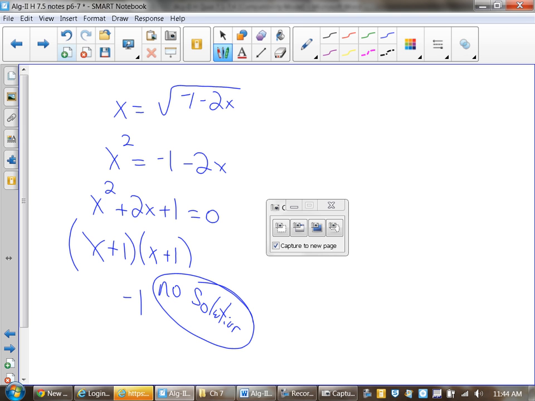Is that right? And on the test, for domain and range, you can just write d or r, like x is greater than or equal to 0. Yep, that's all you have to do.